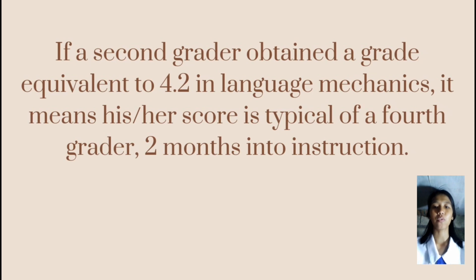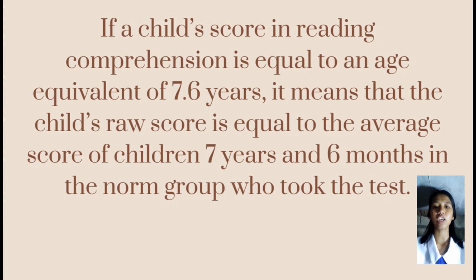Analogs to grade equivalents are age equivalent scores. They are interpreted similarly. For instance, if a child's score in reading comprehension is equal to an age equivalent of 7.6 years, it means that the child's raw score is equal to the average score of children 7 years and 6 months old in the norm group who took the test.